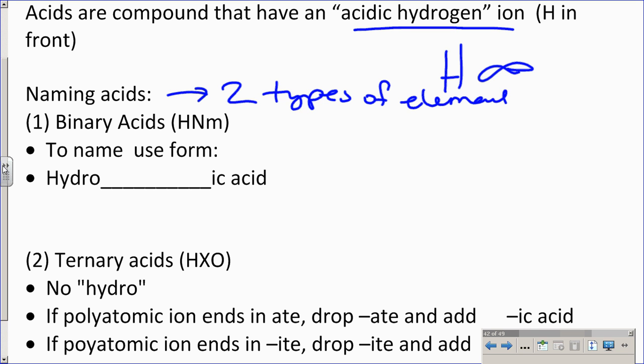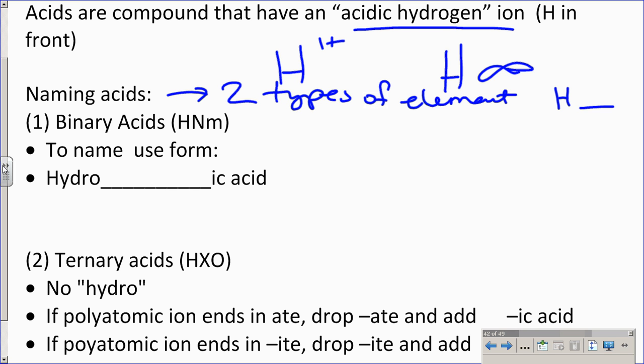Guess what one of the elements has to be, guys? It's got to be a hydrogen. And then you get one other element. But of course there's subscripts involved because it's definitely acting ionically. This H in the front has actually lost its only electron, so it becomes H1+. So we have to recognize that it acts ionically even though it's just an acid.